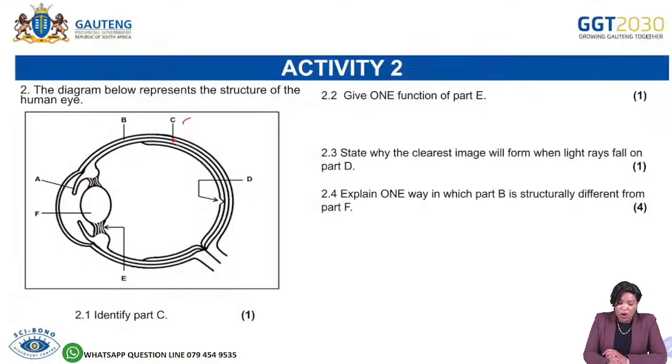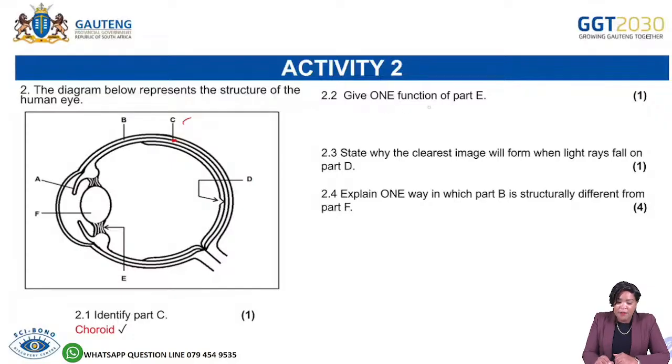You were told a lot of information about this layer that is in the middle. So what is that layer in the middle? It is the choroid. Remember, you were told what the choroid has, the structural suitabilities of the choroid. Can you remember them? How can you differentiate the choroid from other layers there? It takes us to the second question.